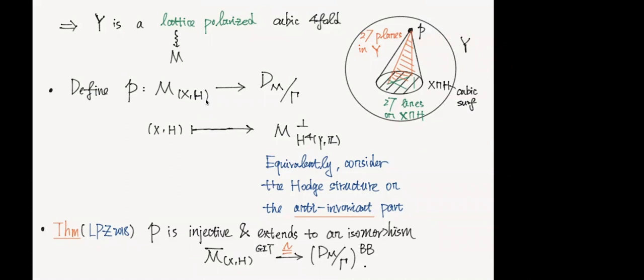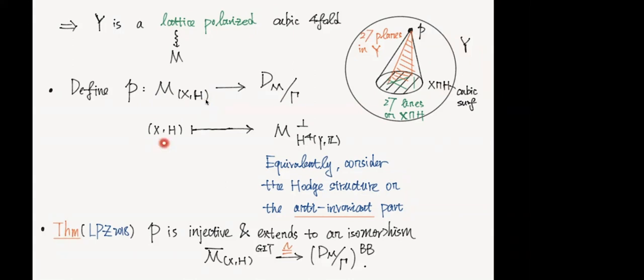So in other words, we can see that this Ichi-card cubic fourfold Y is a lattice polarized cubic fourfold, which is similar to lattice polarized K3 surfaces. Then we can define a period map from the moduli of these cubic threefold pairs to some period domain, actually a type IV period domain, or K3 type period domain.